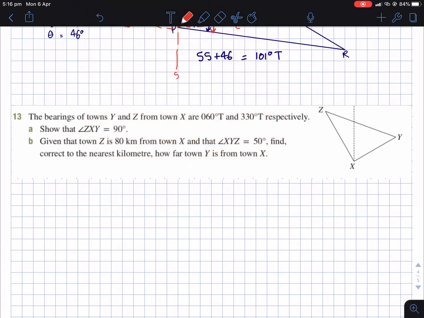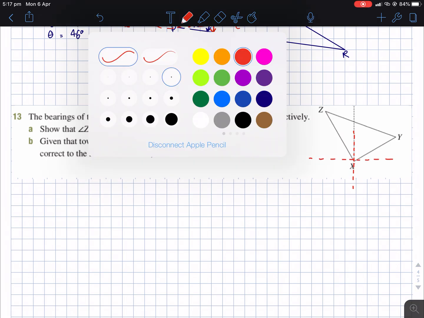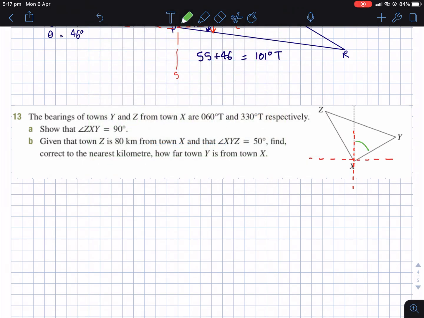Now, what that means is Y is 60 degrees from north, so we've got town X. We're going to draw our north, south, east, west, and we always go around from north. So this one here is 60, and the one going all the way around to Z is 330, which means this bit in here must be 30.